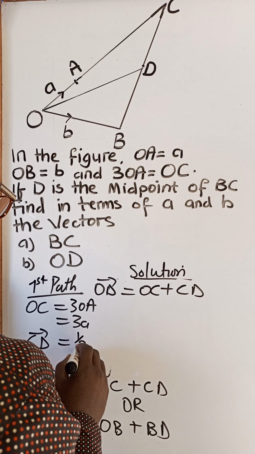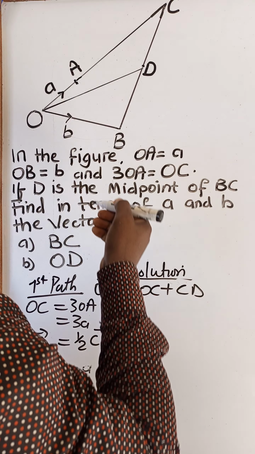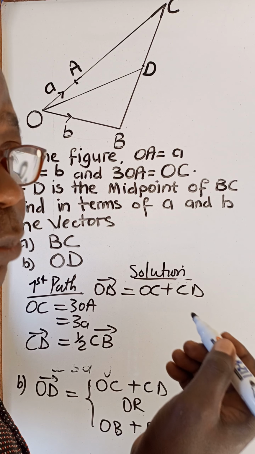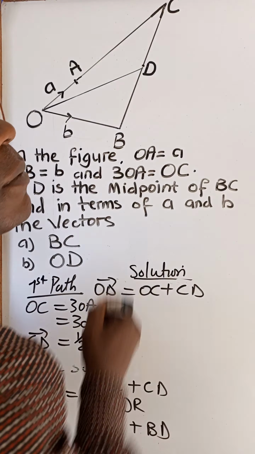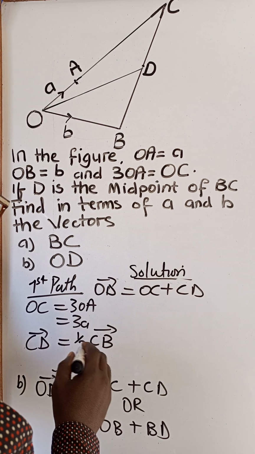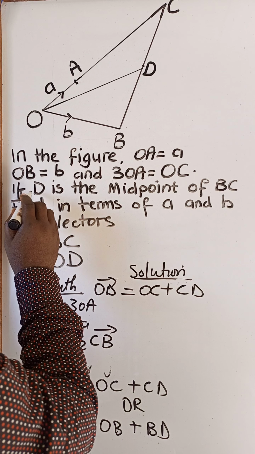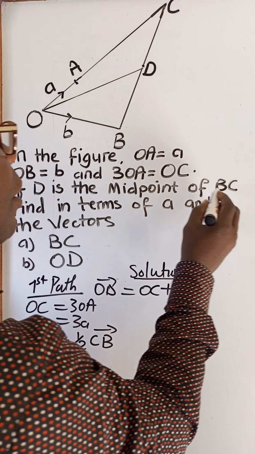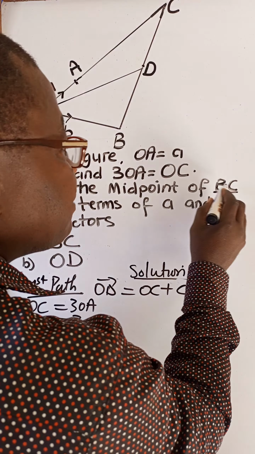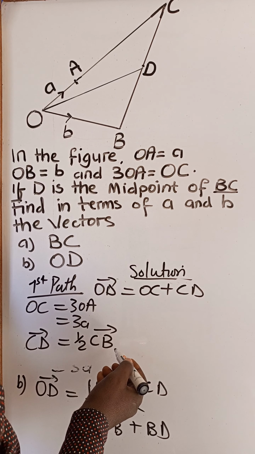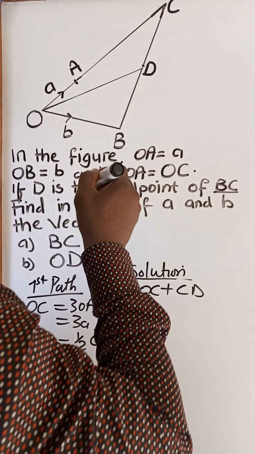Remember, directions in vectors are very important. CB is not the same as BC when we are speaking vectors. The point D is the midpoint of BC, and BC is moving that way, while CB is moving the opposite way.